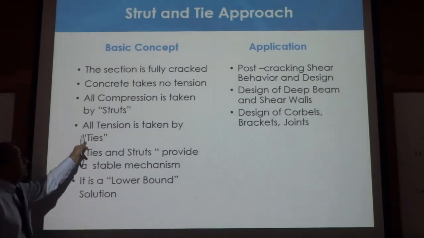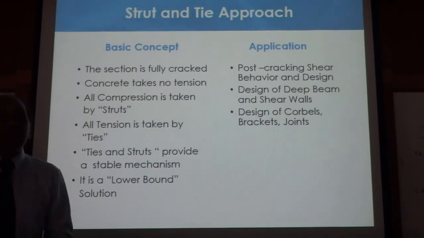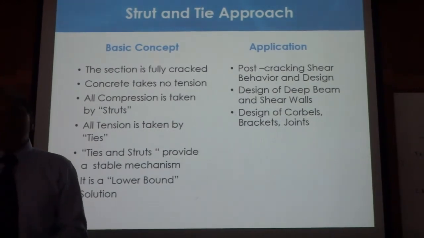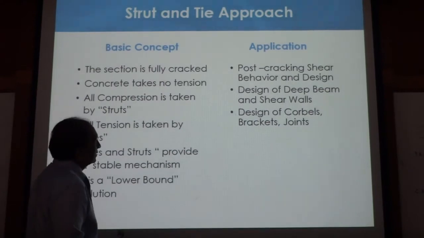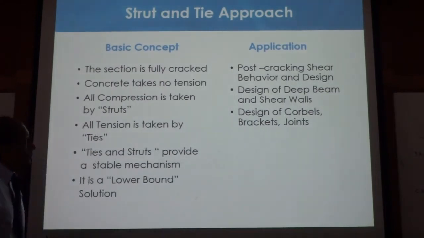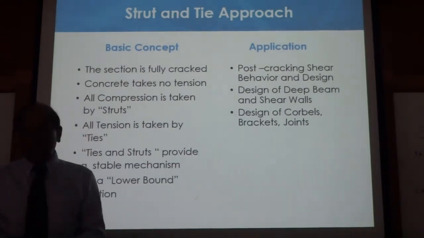So please remember this concept, right? Everything in this one is kind of true or a safe assumption, correct? Applications of this approach are post-cracking shear behavior in design of beams and shear walls, and design of corbels and brackets.